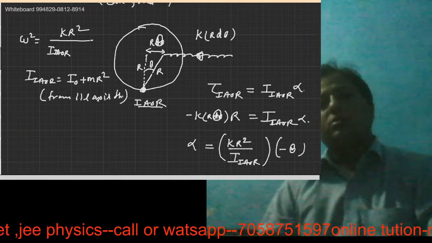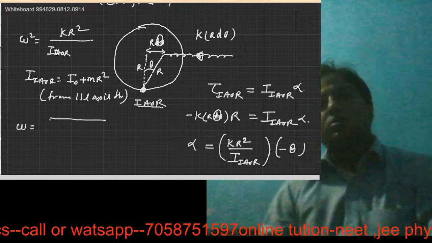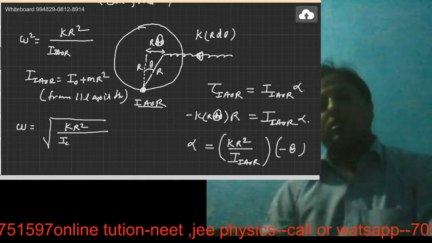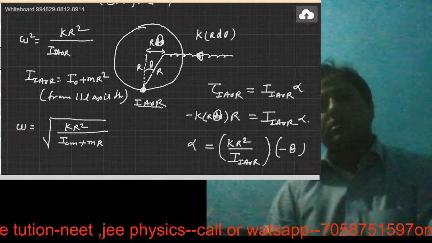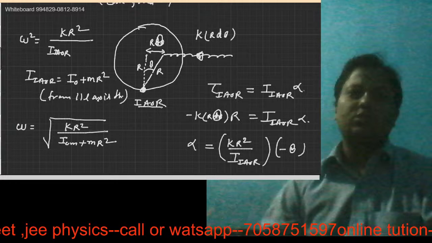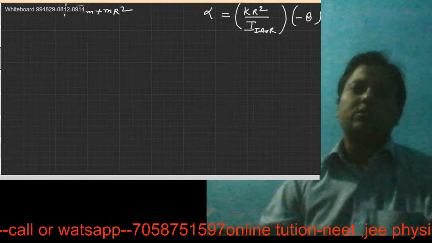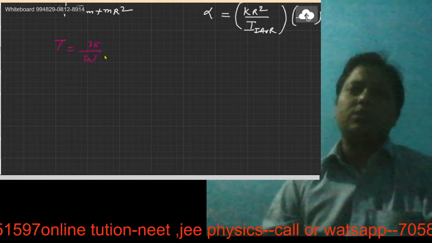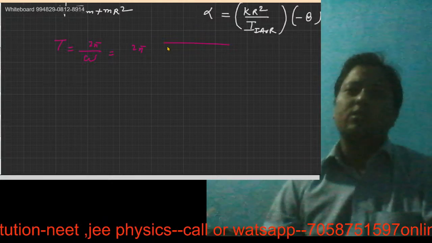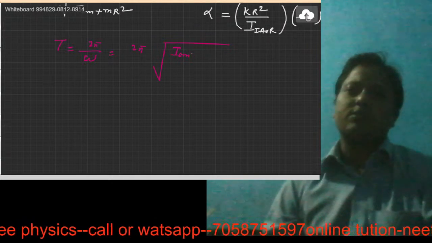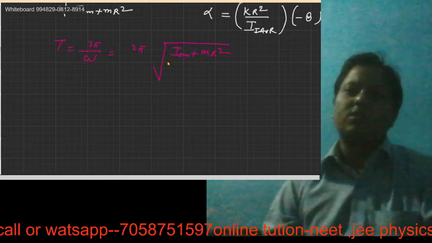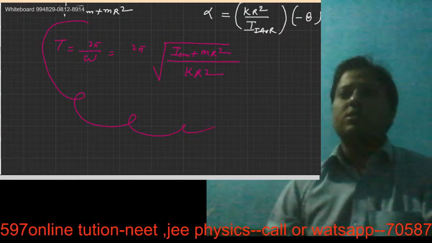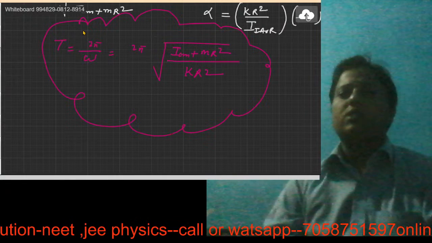So omega is under root k r square divided by I center of mass plus m r square. So the time period comes out to be 2 pi over omega, and that is 2 pi under root I center of mass plus m r square divided by k r square. So this is our required result.